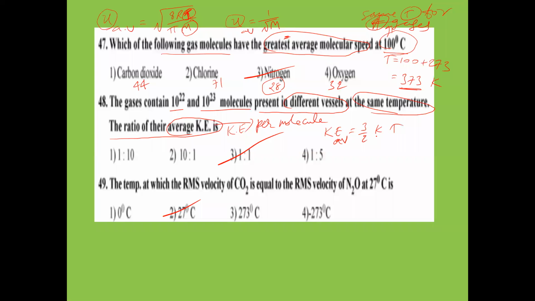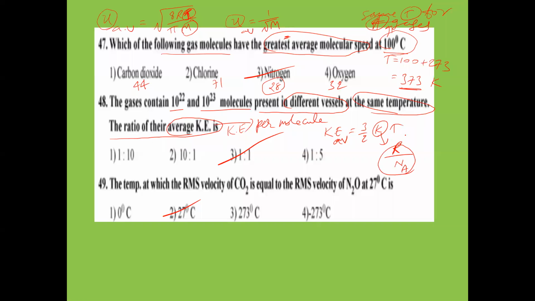Here k is the Boltzmann constant, which is the universal gas constant divided by Avogadro number, R by Na. So this is the average kinetic energy of a single molecule of gas.